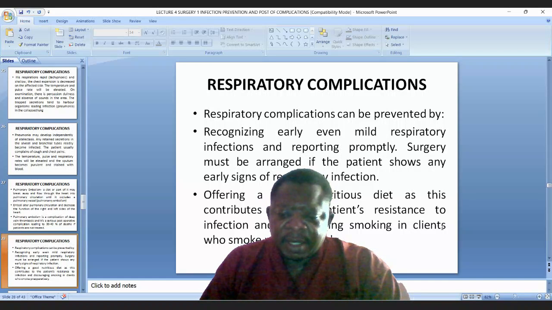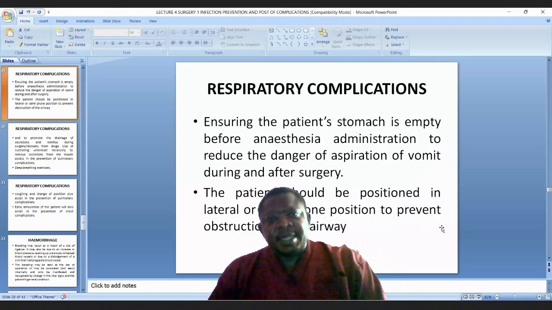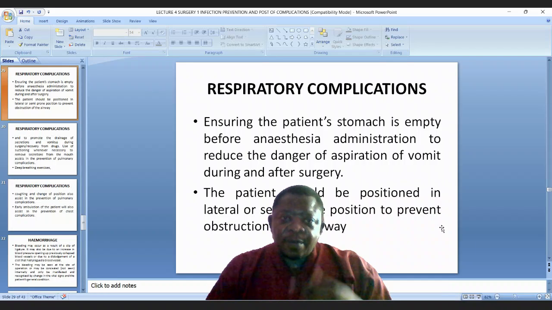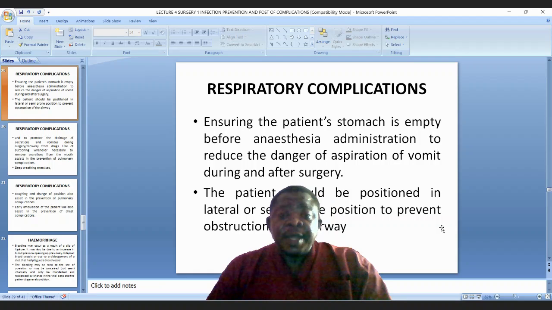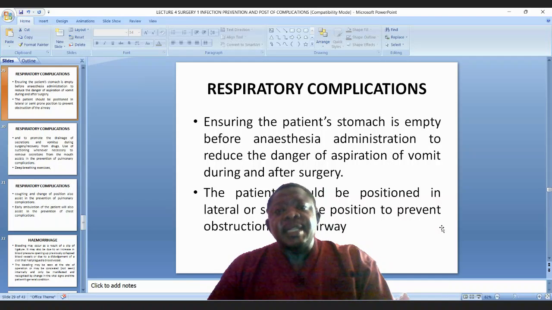Ensure the patient's stomach is empty before anesthesia administration to reduce the danger of aspiration or vomiting, which is quite important because we want to prevent aspiration pneumonia. Patients after surgery may feel nausea and vomiting, and if they vomit a lot, they may aspirate and it may lead to aspiration pneumonia.